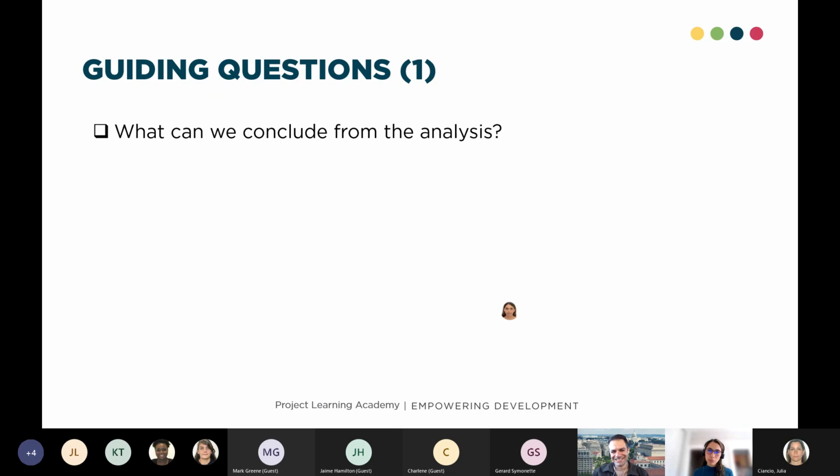Yes, so I'm going to help you with this one. What can we conclude? We can conclude that yes, the park is in a flood-prone area, right? So we have to take actions to protect the park because that's our investment. We need to protect the assets that we're going to build, the people that are going to be there, and we also need to take care of the nearby communities.